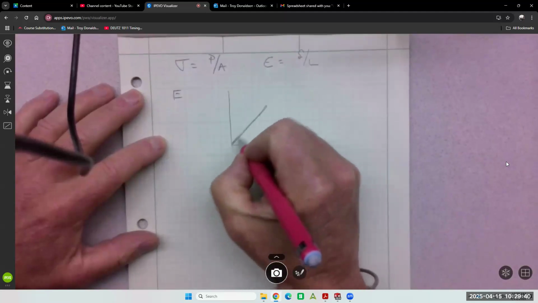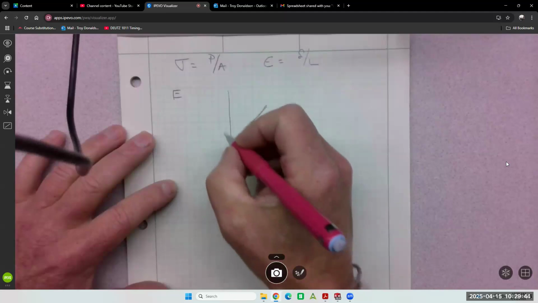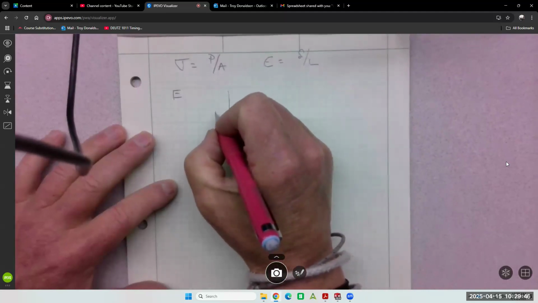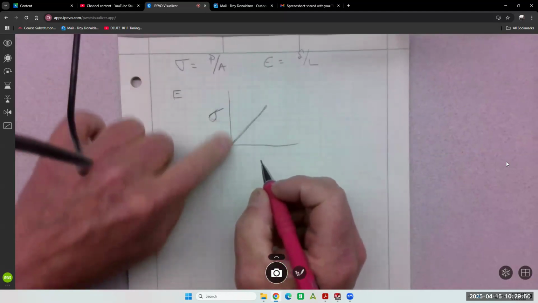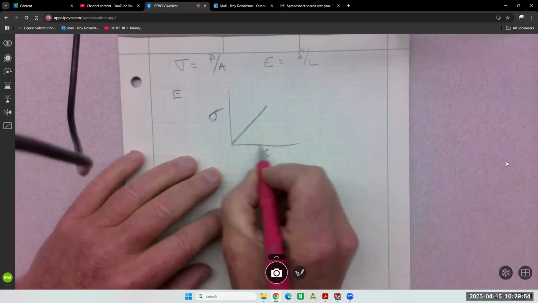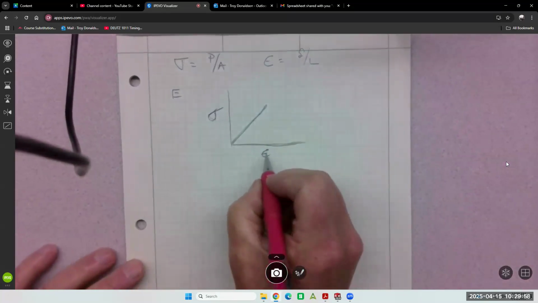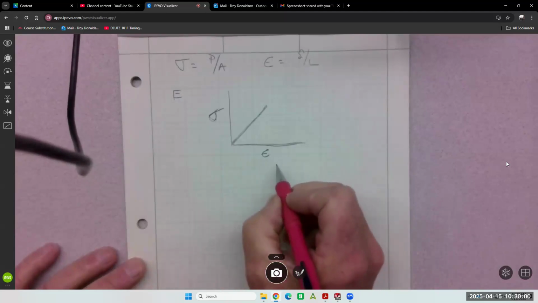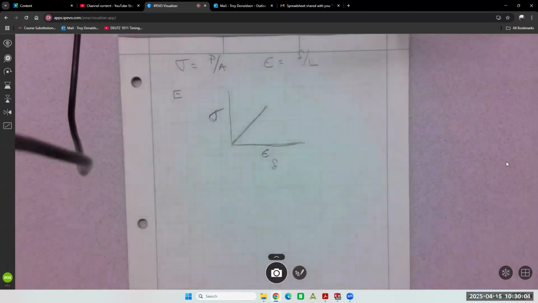And there's a straight line region to the graph where we have load over area, or stress, going up one side of the graph and strain going across the other axis. So really, this is deformation because the original length doesn't change.